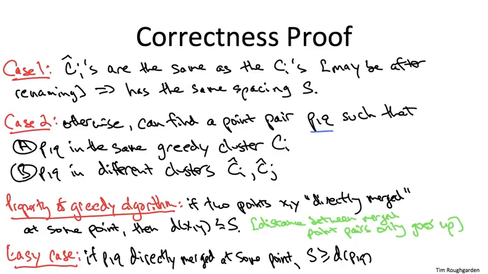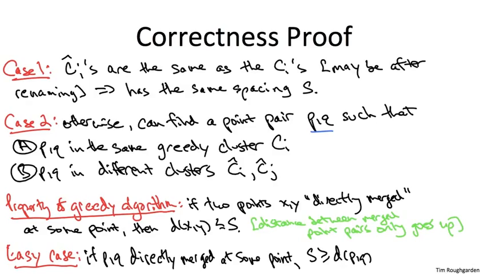That is, at some iteration they determined the spacing and were picked by the greedy algorithm to have their clusters merged. Then we just argued that the distance between P and Q is no more than the spacing capital S of the greedy clustering, and since P and Q lie in different clusters of the C hats, they are separated by the C hats, and therefore they upper bound the spacing of the C hats.